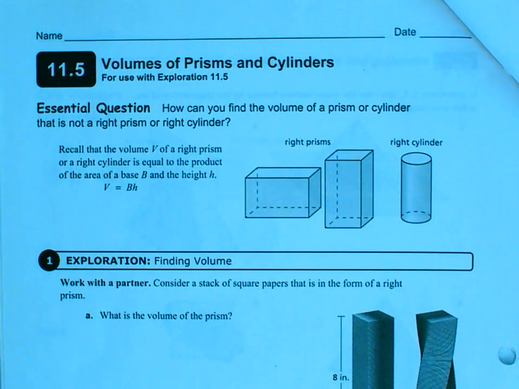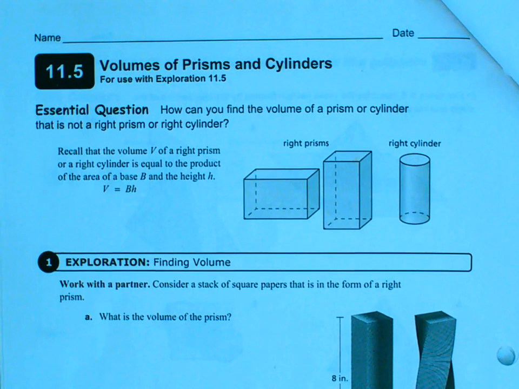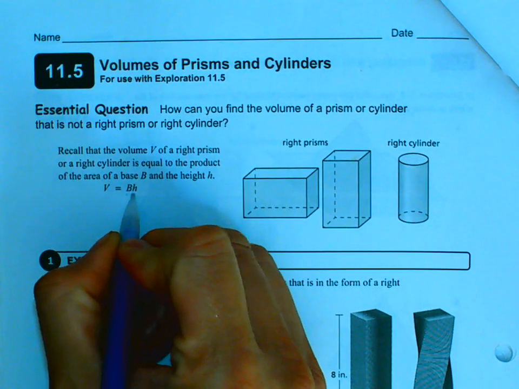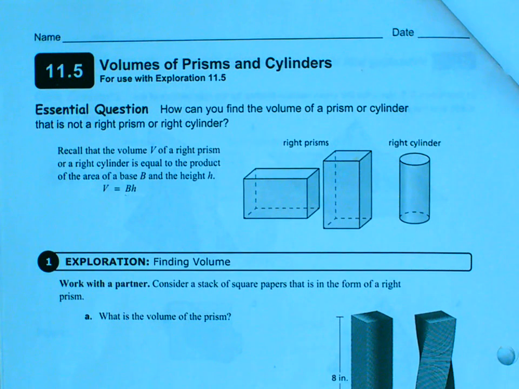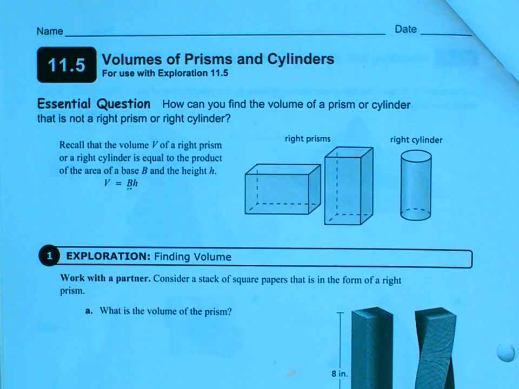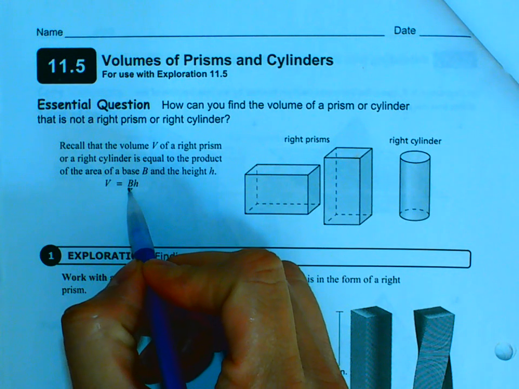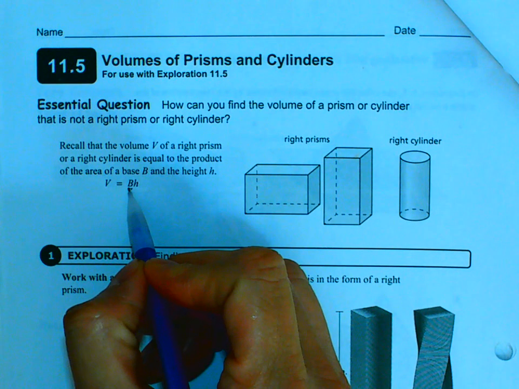Now, we know from prior knowledge that the volume of a prism is the area of its base multiplied by the height of the figure. Depending on what kind of figure you have will depend on what this capital B might be. If the base is a triangle, we're going to use 1/2 times the base times the height.